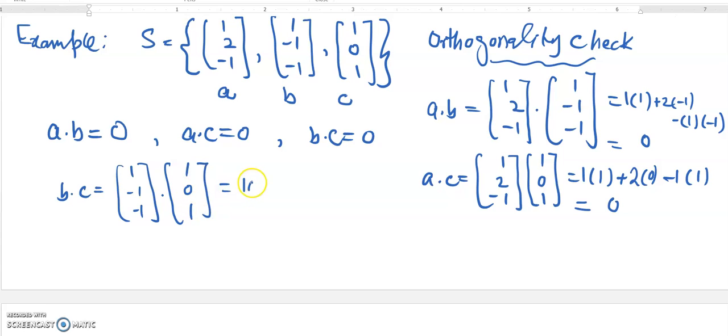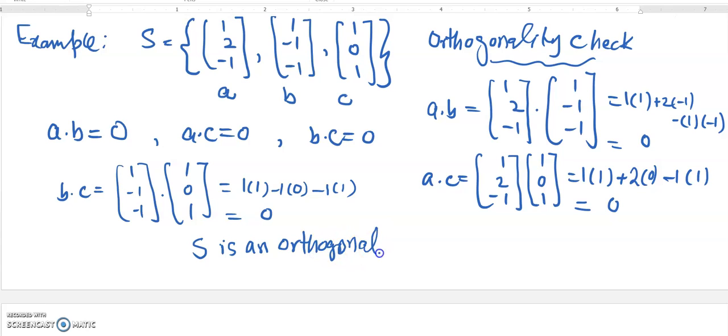So it is 1 into 1, minus 1 into 0, minus 1 into 1, so it is also 0. So in this case we can say that S is an orthogonal set. This is an orthogonal set.